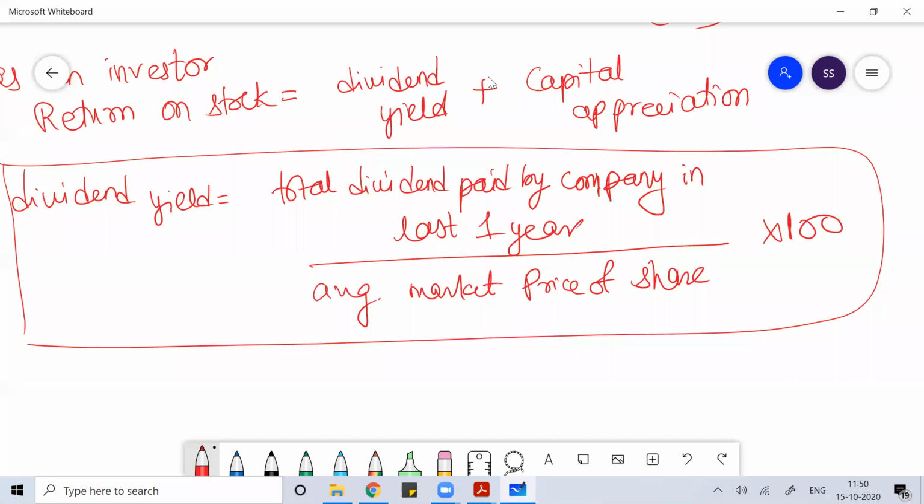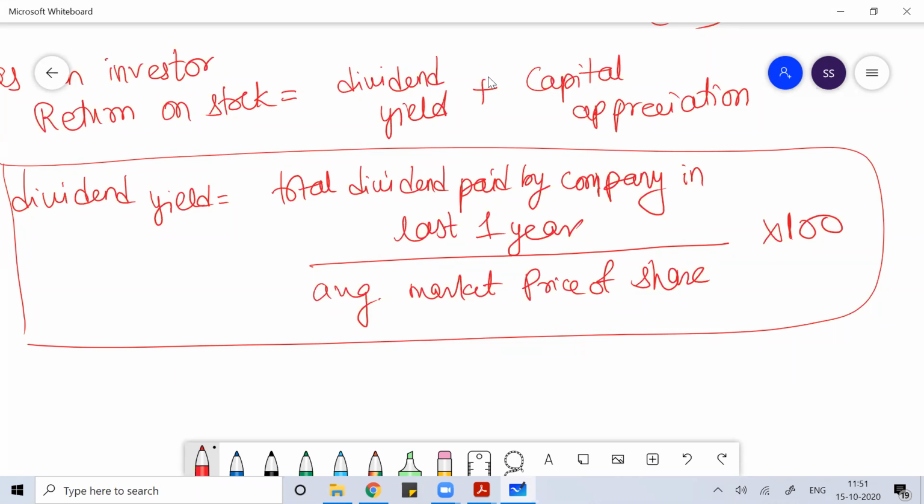You get that risk because whenever you borrow money in the form of debt, the payment of interest is a compulsion for you. That's why debt is considered to be a risky instrument.